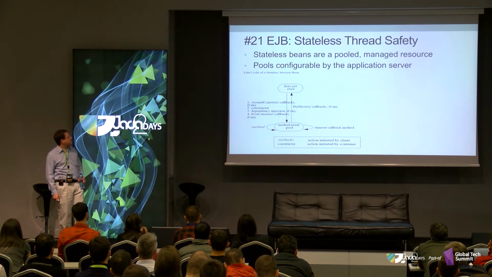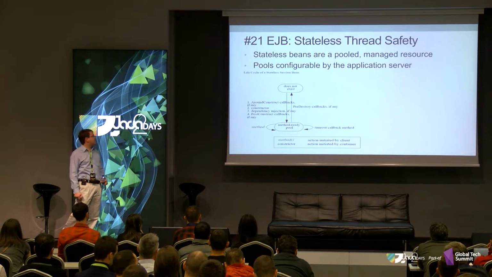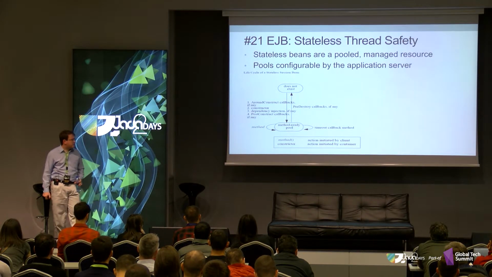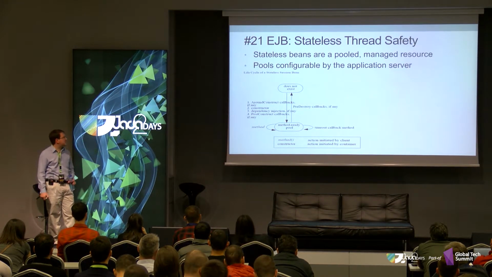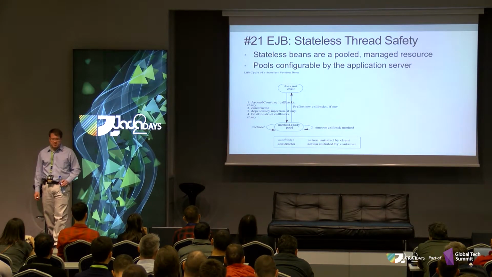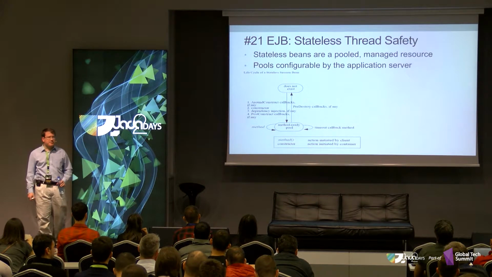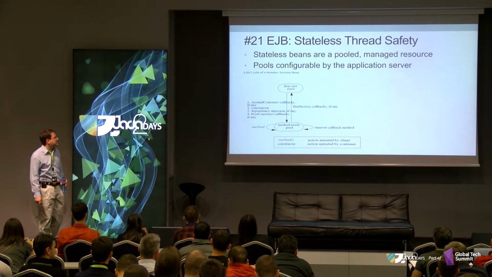Moving on from that one, EJB stateless thread safety. Remember that stateless EJB beans are pooled, which means that you should not be attempting to store state in them. Also, the pools are configured by the application server. In the case of Payara, there are 25 instances of a given stateless bean.